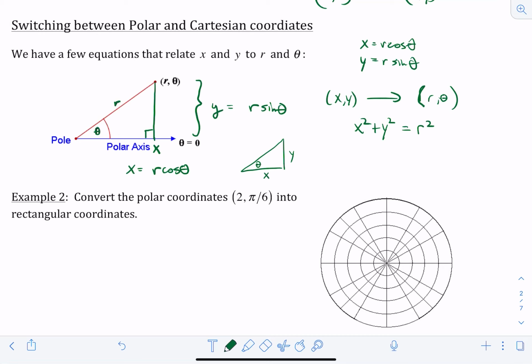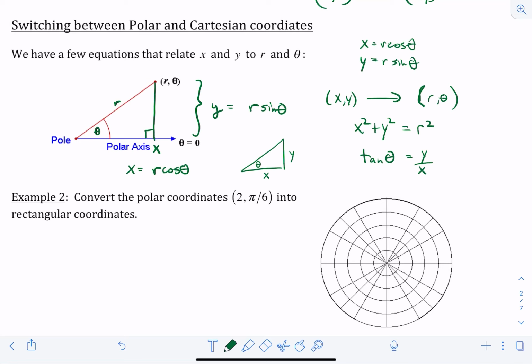So tangent of theta is the opposite over the adjacent. That should be equal to y divided by x. So what I could do is use these two equations to help me find out what r and theta are.